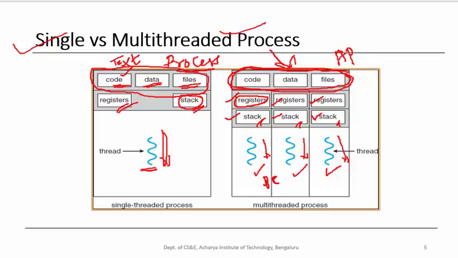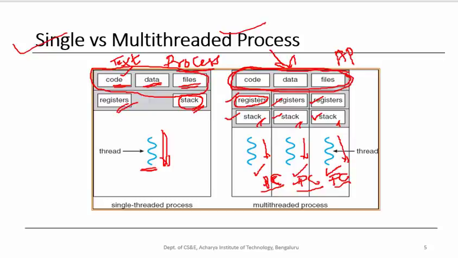That means the thread will use the content of this program counter for sequencing the execution of instructions. So this is about multi-threaded process. This is the difference between a single threaded process and a multi-threaded process.